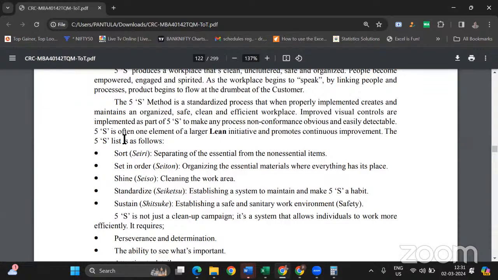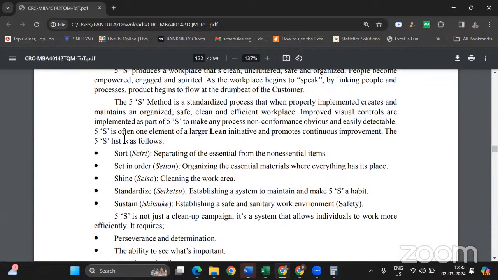Alphabetical order, sort. That is called sort: the separation of essential from non-essential items. If you ask for eye drops, they are separate; syrups are separate. That is sort, filtered. First sort, separation of the essential. Then set in order, alphabetical order.